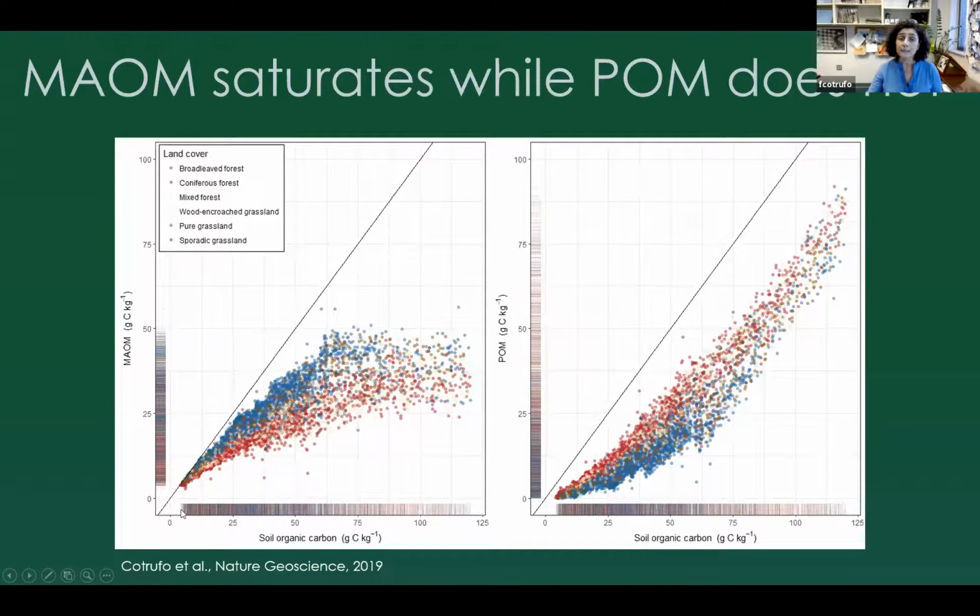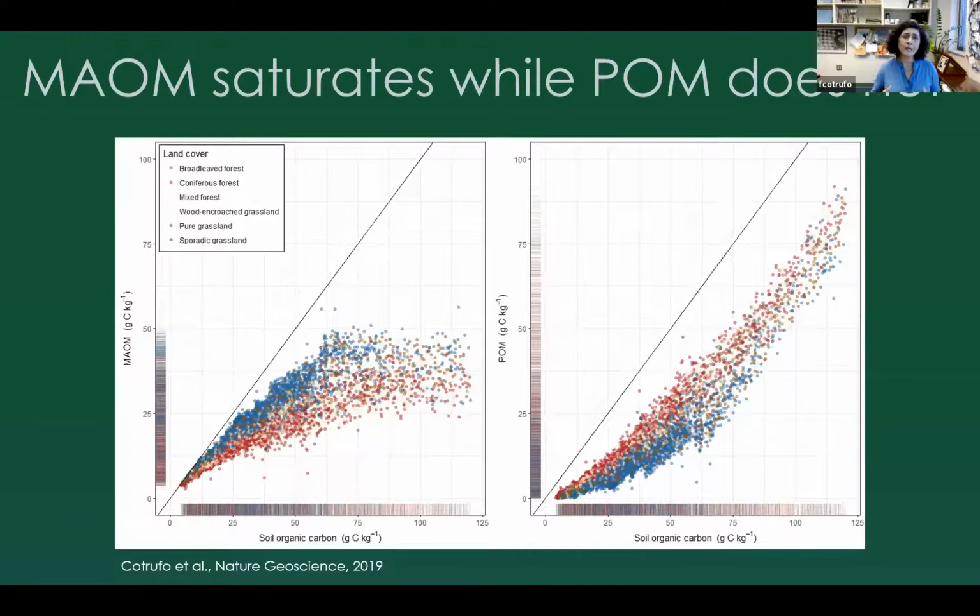On the other hand, right now the majority of soils are far below saturation, so we shouldn't be worried about saturating the minerals when we think about carbon sequestration. There is a lot of potential to sequester carbon in soils, and those soils are only the 0 to 20 centimeters. If you go at depth, there is even more opportunity for carbon sequestration.